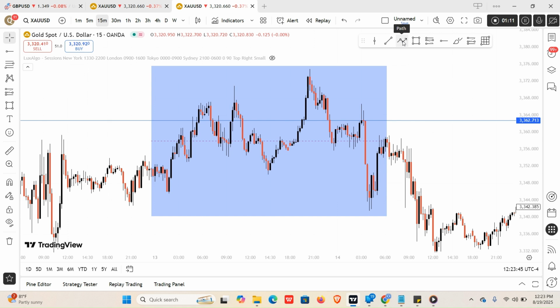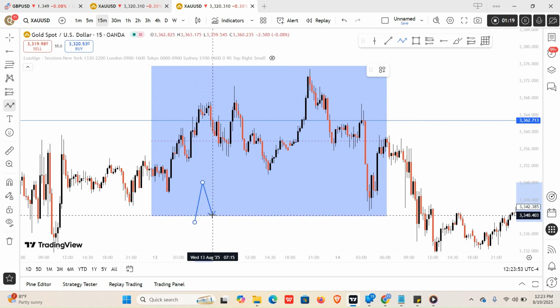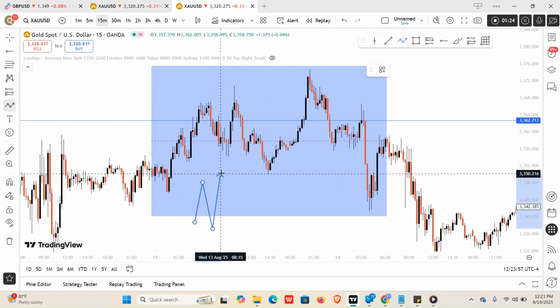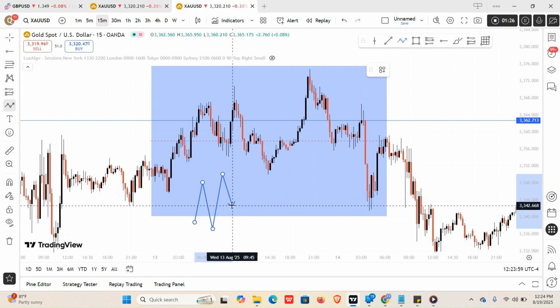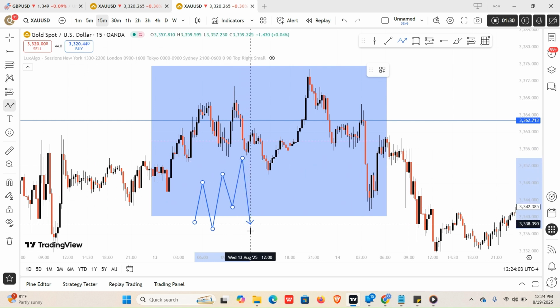So now let's go to the entry model we are going to be working on today, which is this. And this entry model, mind you, it can come in different ways, a whole lot of different ways.